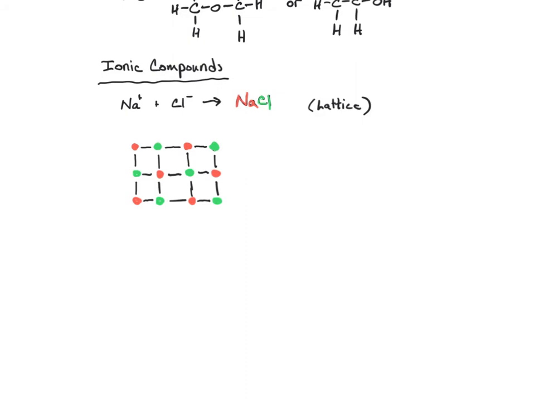So how do we, again, express this on paper? Well, we basically just treat it as if it was an empirical formula. If I were to take that entire crystal of salt, there might be one sodium attached to 6 other chlorines, but overall in that entire block, there's going to be enough positives to balance out all the negatives, which means that we can say pretty confidently that for every one sodium, there's one chloride.